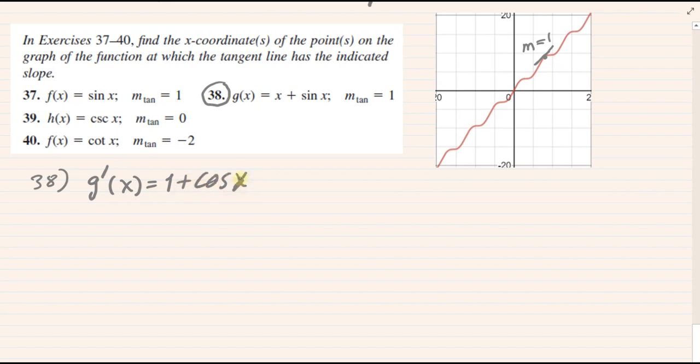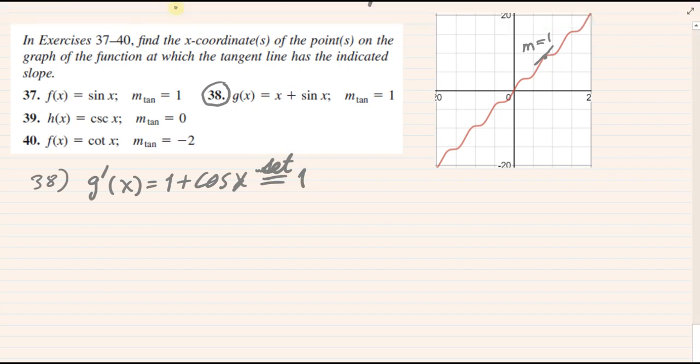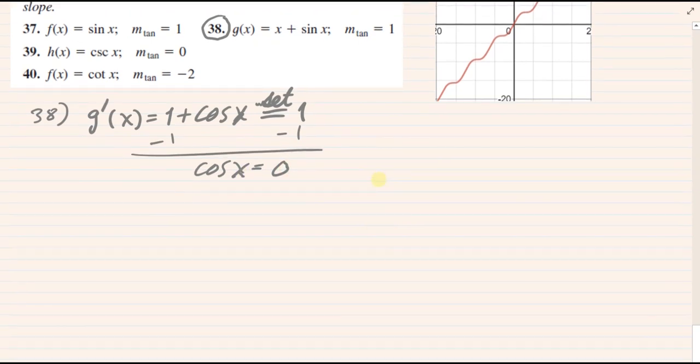And we want to know where that's equal to 1, so we're going to set it equal to 1 and then try to work it. Now let's solve this equation. I'm going to subtract 1 from both sides and we get cos x is equal to 0. So the places where cosine is 0, the zeros of cosine, that's where the tangent line has slope 1.